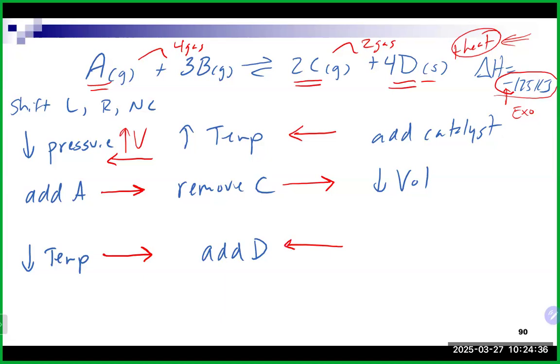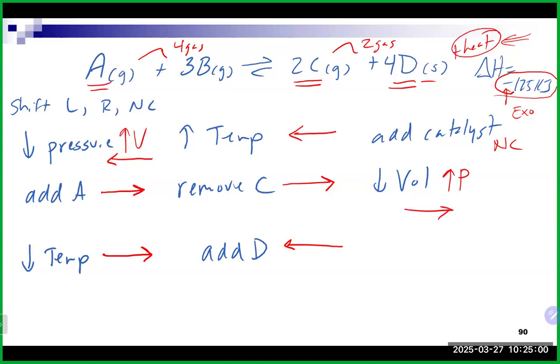We add a catalyst, not too much is going to happen here, so that's going to give us a no change. And lastly here, if we lower the volume, we would expect the pressure to increase. And once again, with a smaller volume, we actually want fewer gas molecules to bring the pressure back down. In this case, that would be to the right.